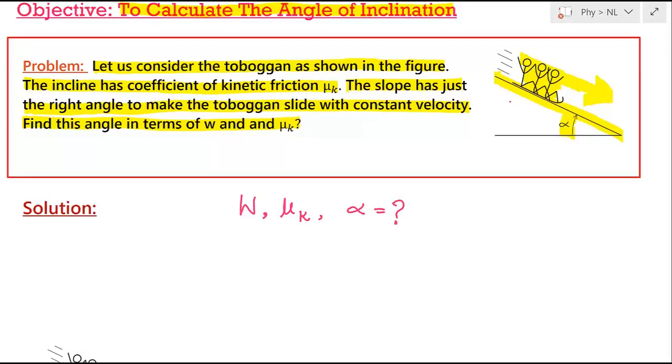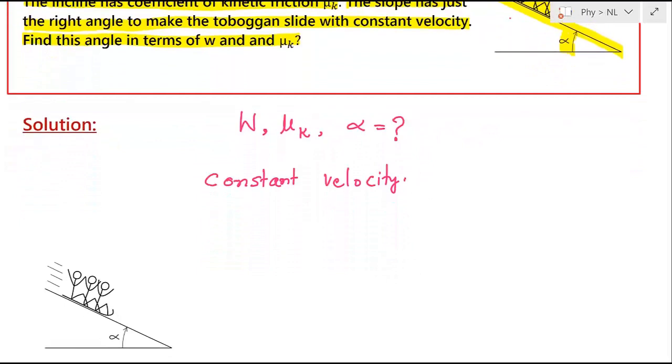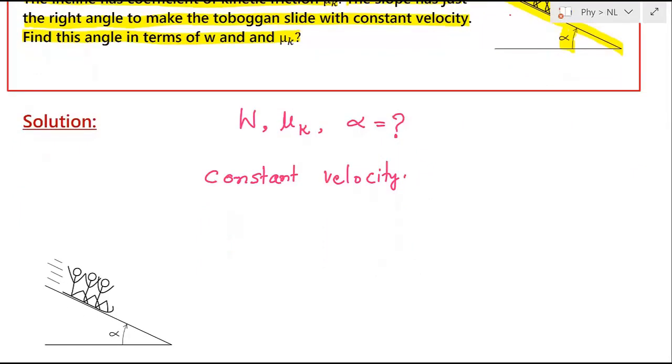And we have also been given that this toboggan is moving with a constant velocity. So since this is a case of equilibrium, we can apply Newton's first law, write equations, and solve these equations.